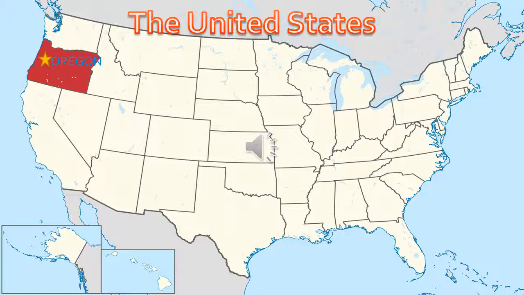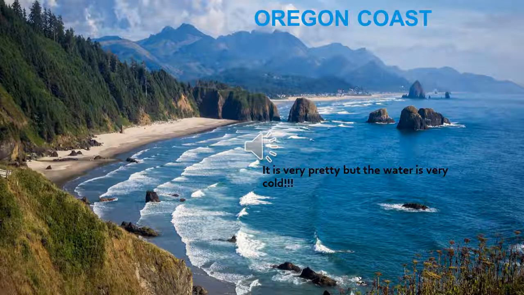This is a map of the United States. Remember, there are 50 states. Oregon is one of those states, and it is in red. The star is my city. This is the Oregon coast.